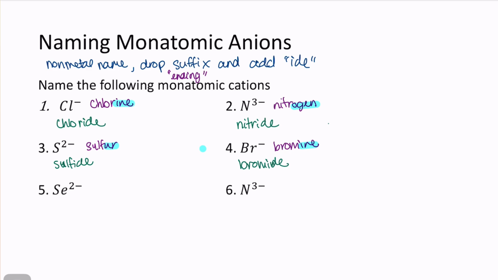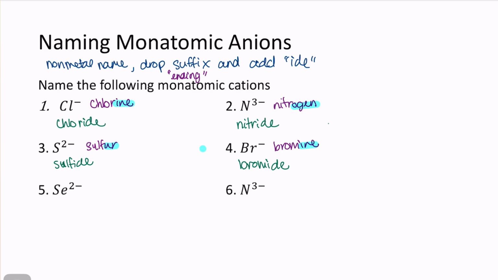Now, you will see different things where you have to use the word ion. You don't for my class. If it has this ending and it's by itself, it has to be an ion. When we're dealing with cations, we have to use the word ion because sodium is very different than sodium ion, and they have the same name. So bromide is a different name than bromine.